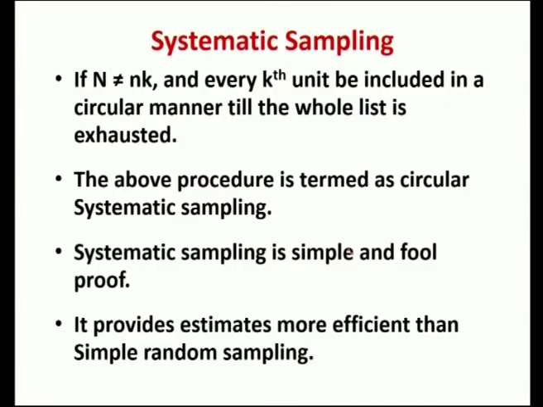If capital N is not equal to nk, every kth unit is included in a circular manner till the whole list is exhausted. This procedure is called circular systematic sampling. Systematic sampling is simple and it is a foolproof procedure. It also provides estimates more efficient than simple random sampling.